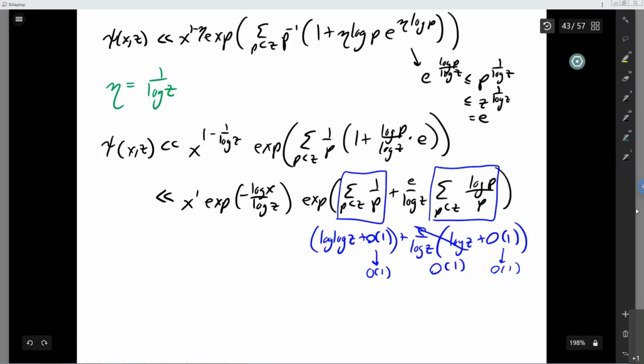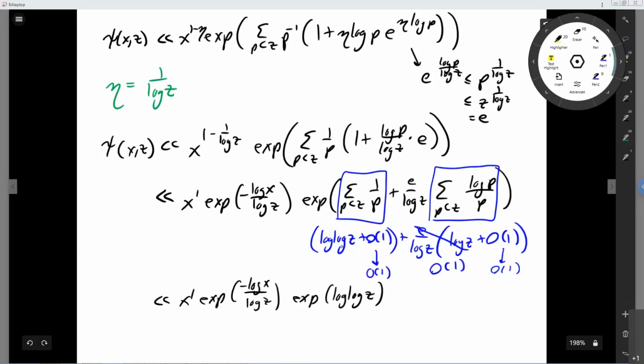The exponential of big O of 1 is a constant, so the only term left here is the exponential of log z. But the exponential of log z cancels out and just gives you a log z, which is the term that we expected from the original statement of the theorem.